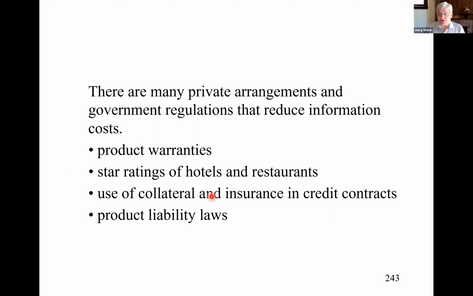Now in insurance and credit contracts, you use collateral and insurance. So let's think of a mortgage. You get a mortgage from a bank. You have more information than the bank about whether you will be able to pay back the mortgage. So there is asymmetric information here.